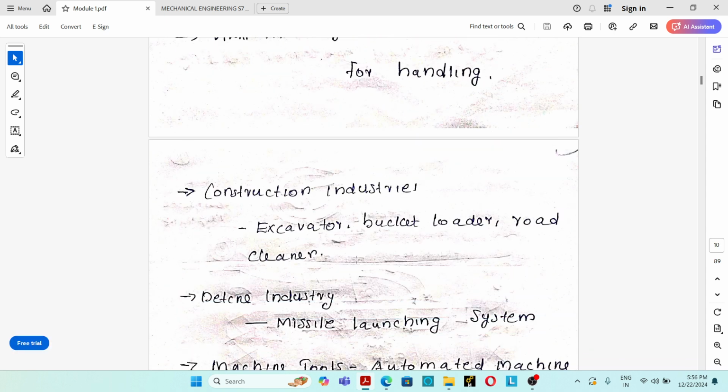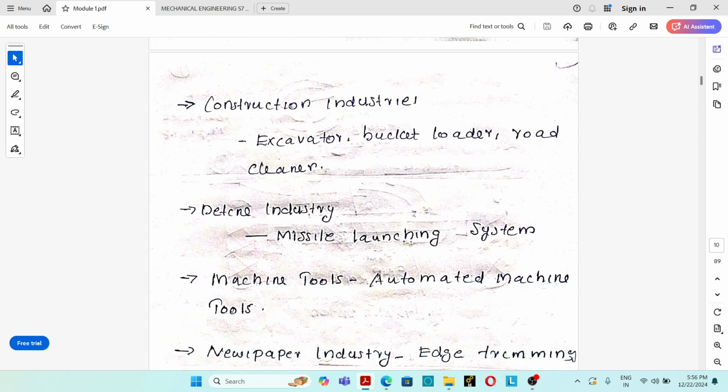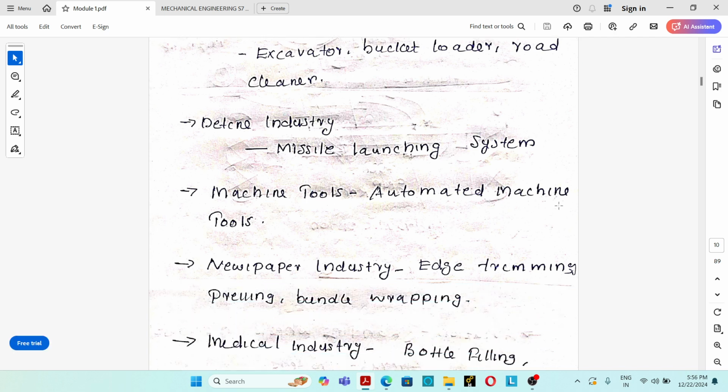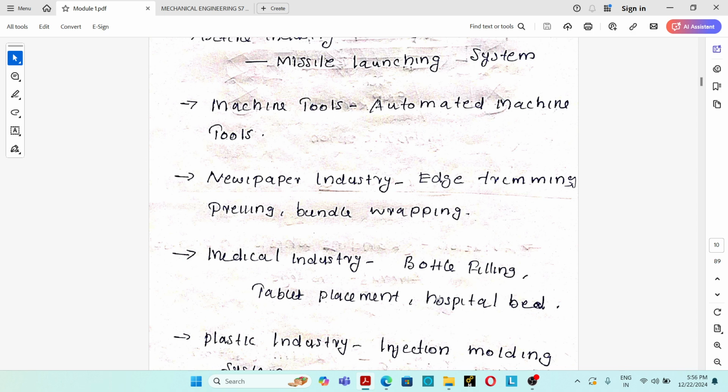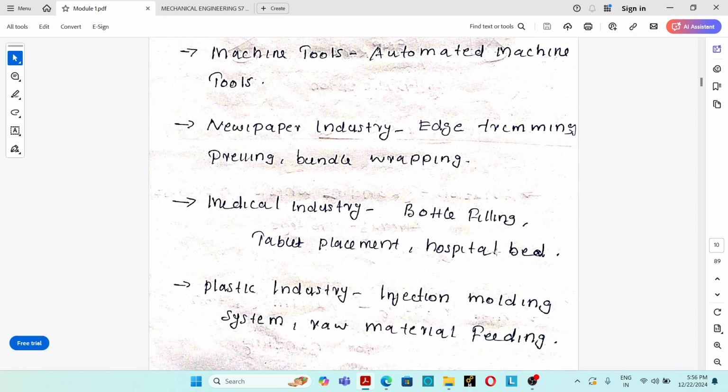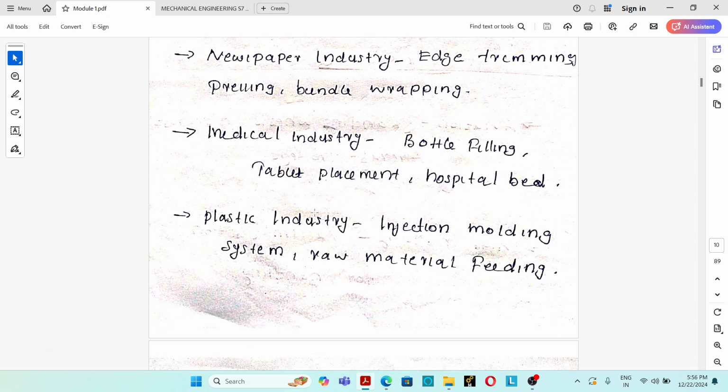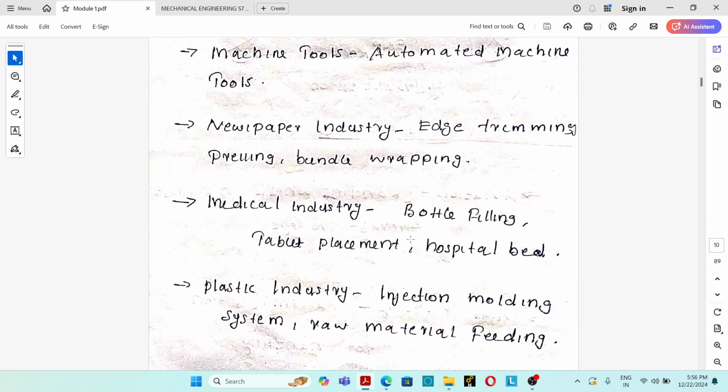Construction industries: excavators, bucket loaders, road cleaners. Defence industry: missile launching systems. Machine tools: automated machine tools. Newspaper industry: edge trimming, pressure bundle warping. Medical industry: bottle filling, tablet placement, hospital beds. Plastic industry: injection molding systems, raw material feeding, etc.